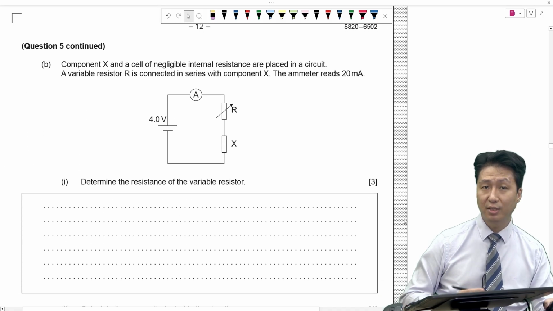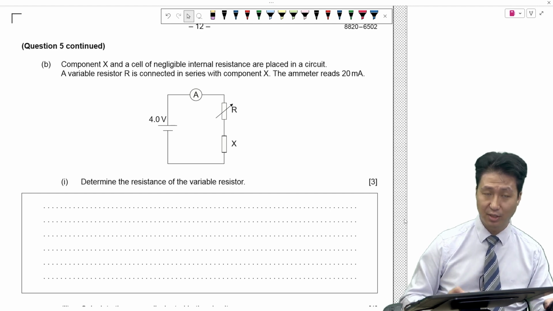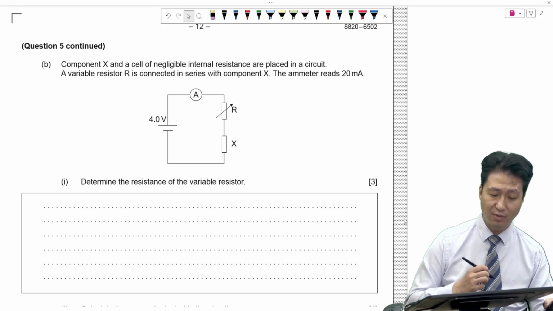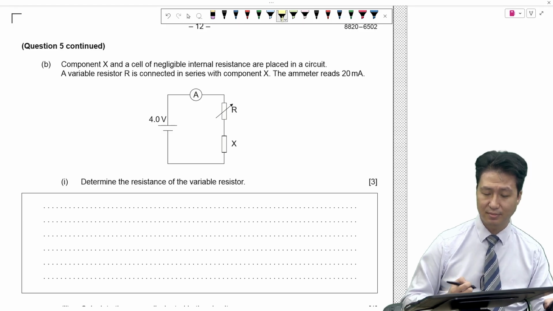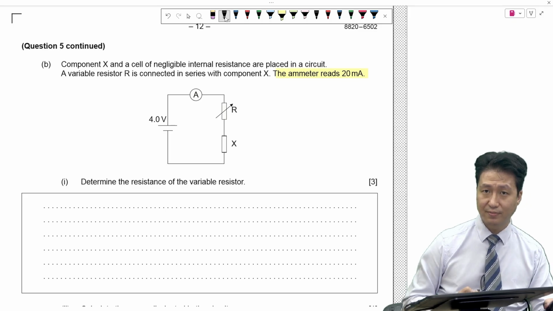Part B of this question says, component X and a cell of negligible internal resistance are placed in a circuit. A variable resistor R is connected in series with component X. The ammeter reads 20 milliamperes. Determine the resistance of the variable resistor. You're given the current, and there are two ways to solve this problem.